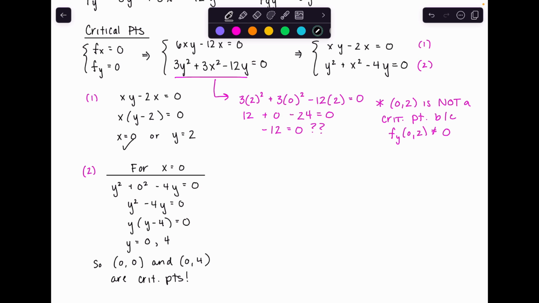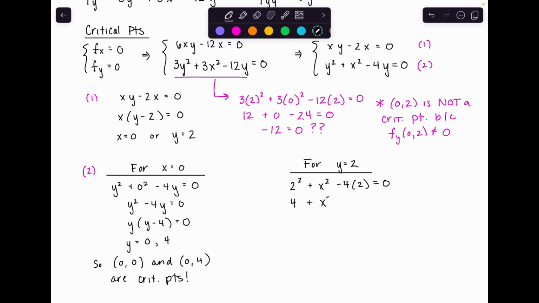So I've utilized this part. Now I'm going to do the same thing with y equaling 2 and figure out what x needs to equal. So for y equaling 2, plugging that in up here, that would be 2 squared plus x squared minus 4 times 2 equals 0.